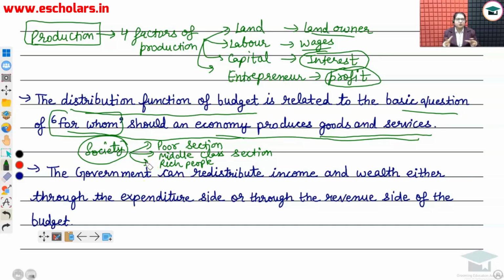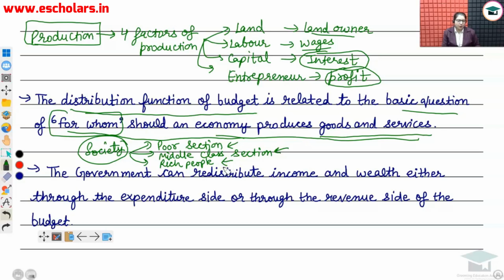So the distribution function of budget is related to the basic question of for whom should an economy produce the goods and services. Whether the economy produces the goods and services for the poor section of people, or for the middle class section, or for the rich section of people.